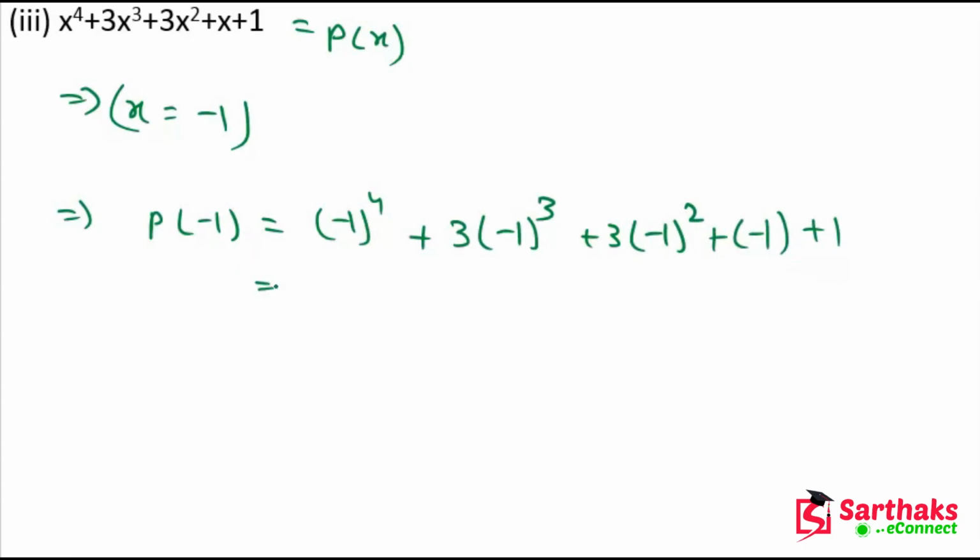If you solve this, we get 1, minus 3, plus 3, minus 1, plus 1. Minus 3 and plus 3 will be cancelled, minus 1 and plus 1 will be cancelled, and we get 1.